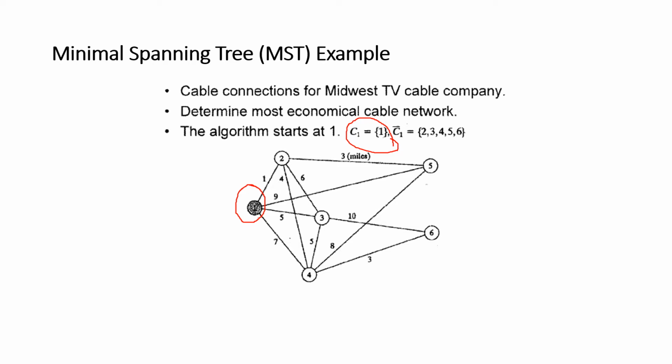You see that node 1 is already connected to nodes 2, 3, 4, and 5, and the lengths of the connections are 1, 9, 5, 7. The smallest is 1, and thus we now connect nodes 1 and 2 together, making one island, which is now set C2, as we're going to see in the next slide.